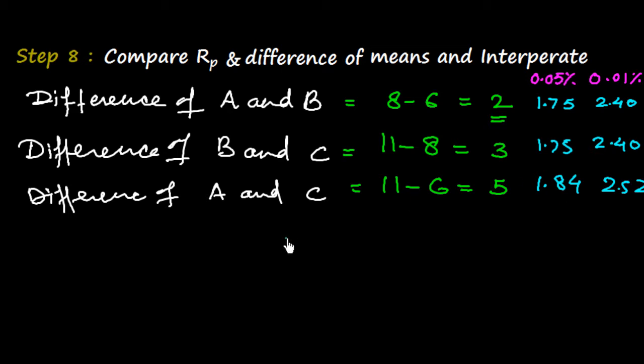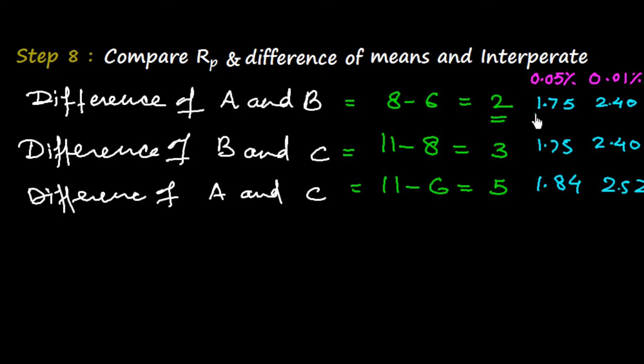So now we interpret the result. How do we get the interpretation of this? This is for three groups, and we see the smallest and the largest value. We are getting the difference of the smallest and the largest. This shows the comparison between groups. Here you see at 5%, for the A and B group, 2 is greater than 1.75.